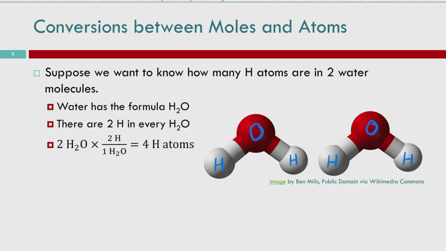Water has the formula H2O. Because of this 2, we know that there's 2 hydrogens in every H2O. 2 hydrogens in every H2O means that for 2 H2Os, we've got 4 hydrogen atoms.